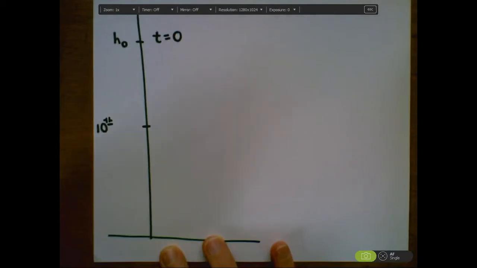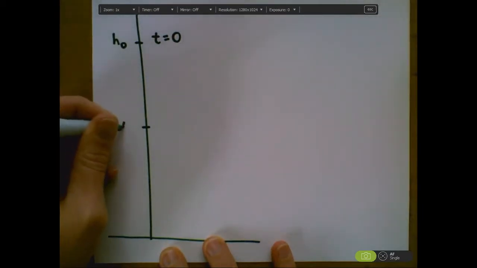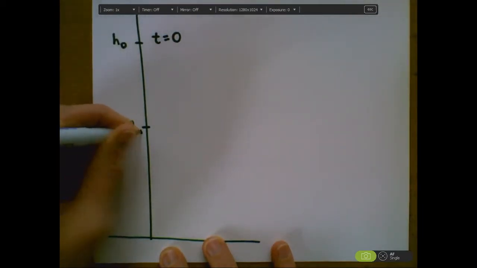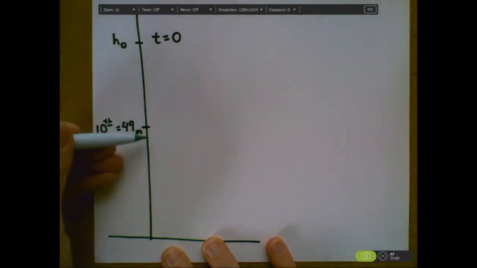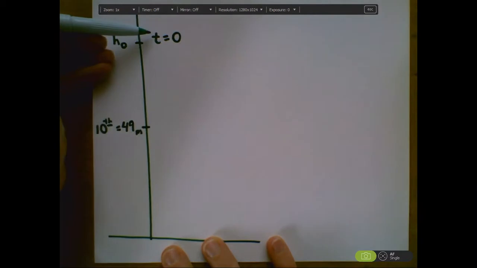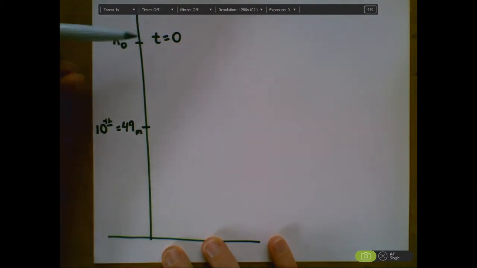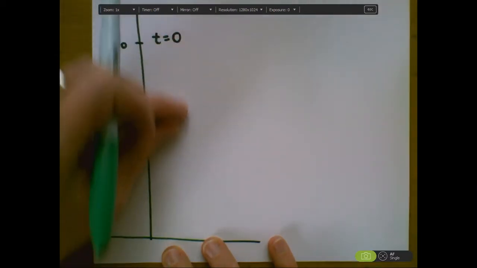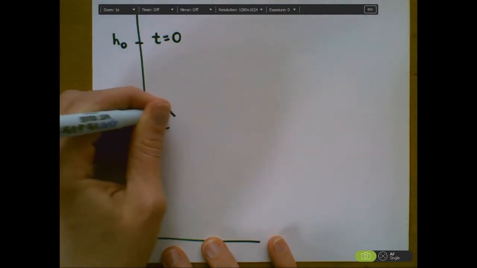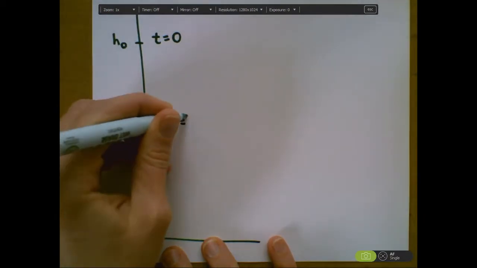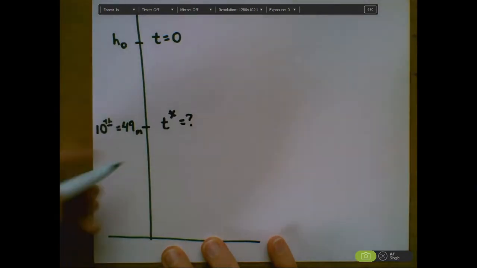And so for my 10th floor, that's going to be equal to 49 meters in height. And we don't know what time it passes my window relative to when the bucket was released, right? It was released sometime up here, and then it passes by my window. I'm going to call the time that it passes by my window t star. This is some unknown variable as well that we're trying to solve for.